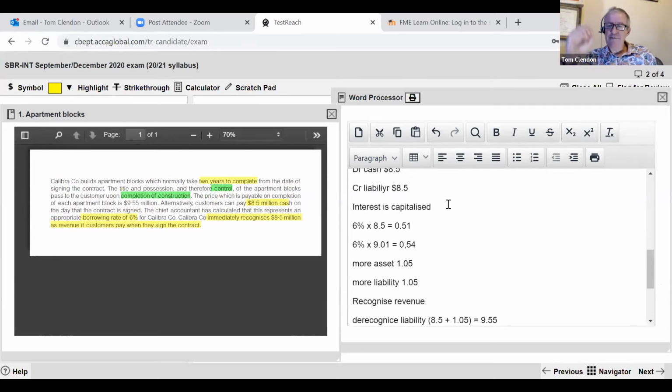Yeah, I have to fight myself not to give you a better answer. Because if I give you too good an answer, it's unrealistic. I'm trying to give you an answer that I can produce within the time allowed using the ACCA practice platform.